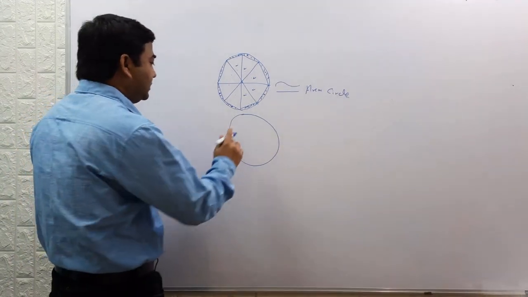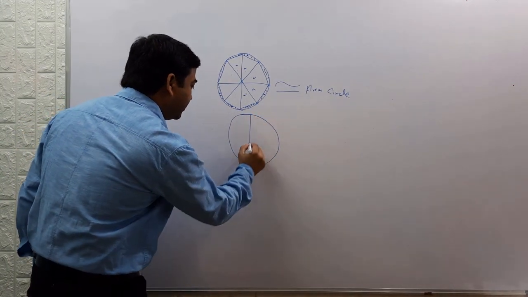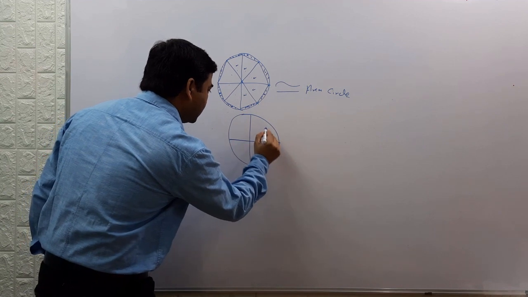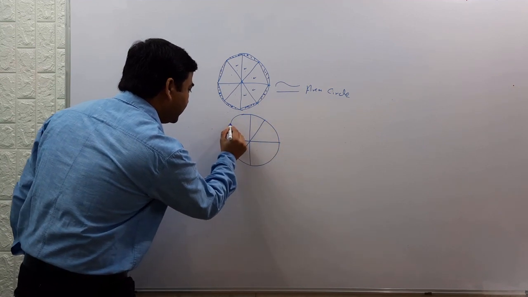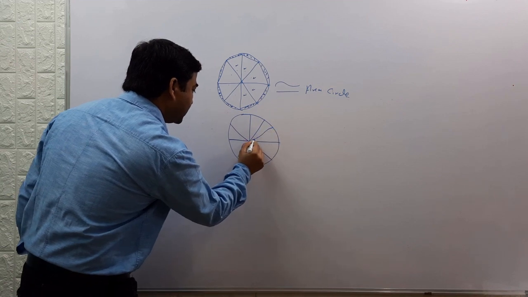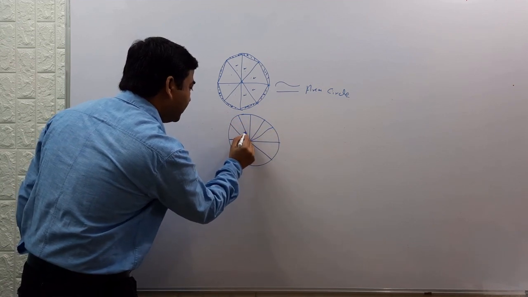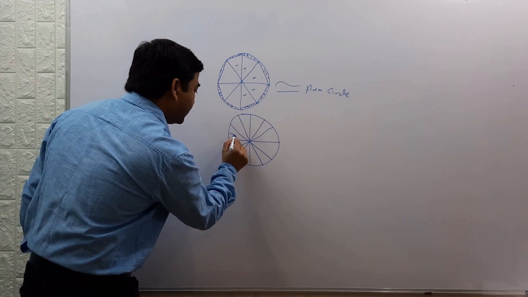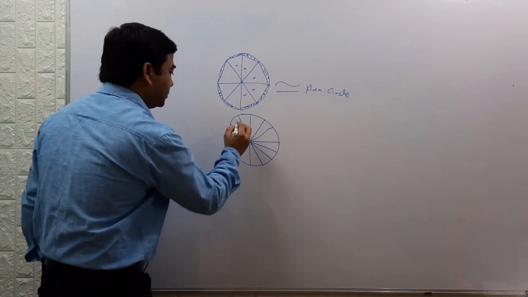So they increased the number of triangles. As you go on increasing the number of triangles, you get closer and closer to the area of the circle.